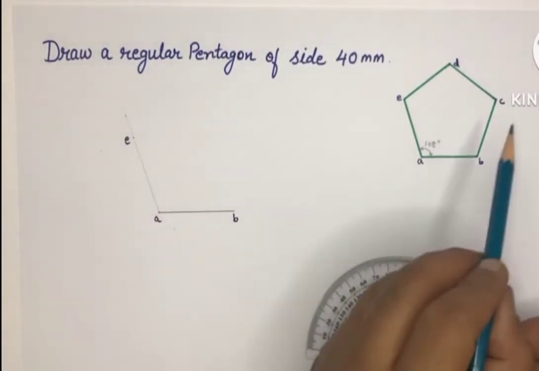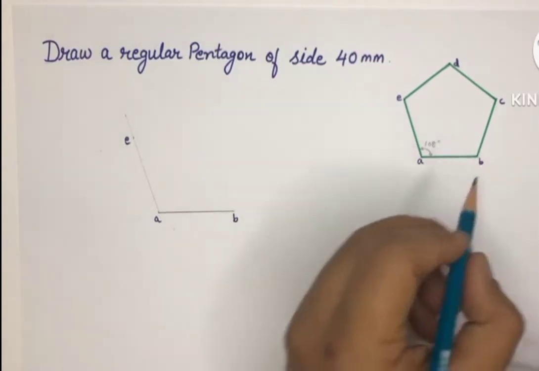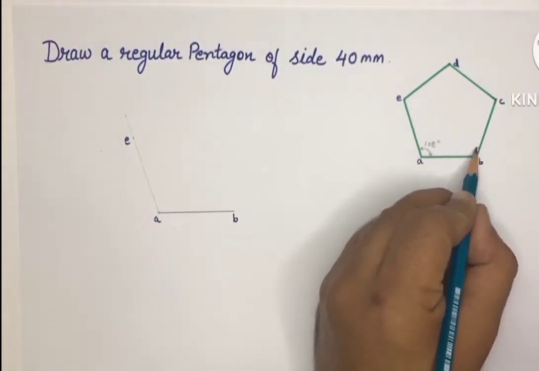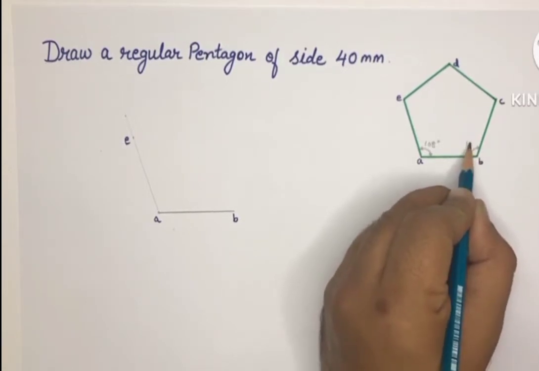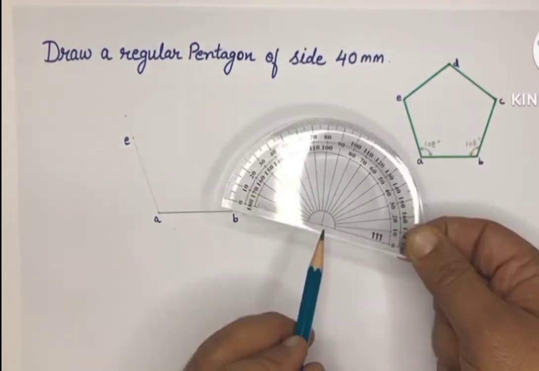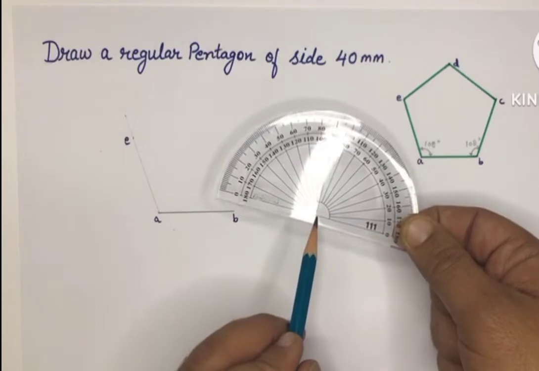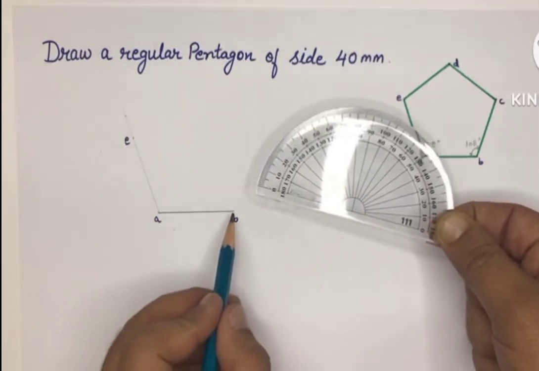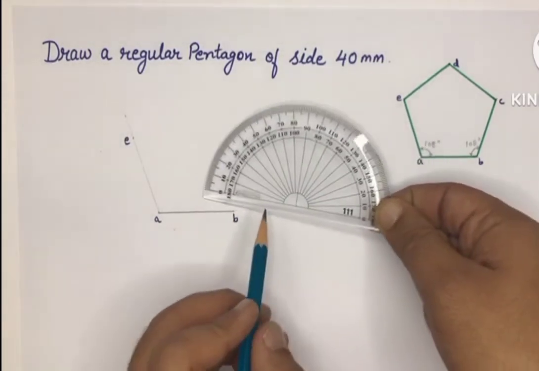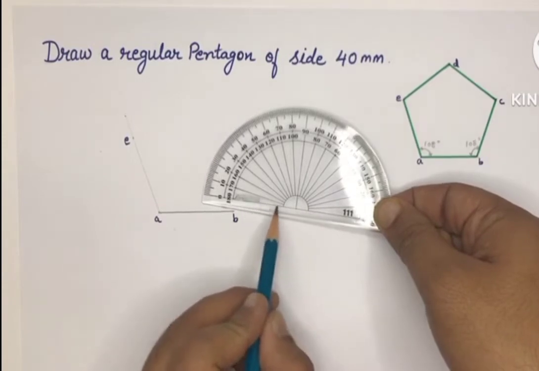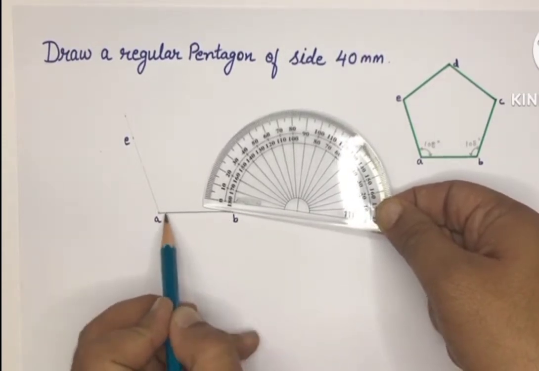Similarly, for point C, we will use this angle 108 degree. Place the center of this protractor on point B such that this horizontal line should match side AB.